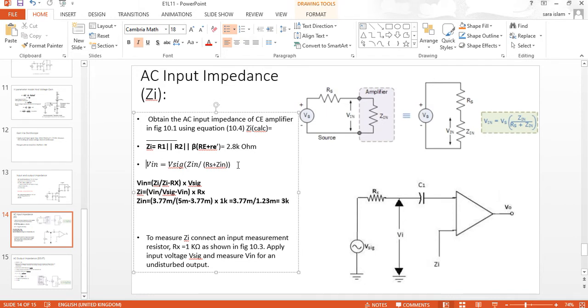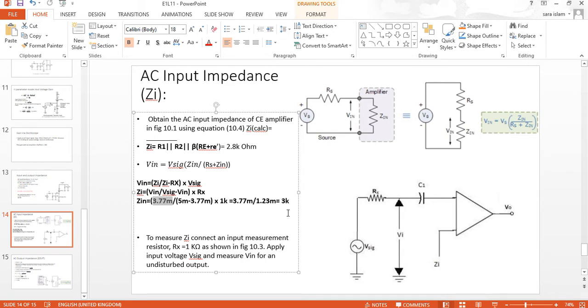From here we can actually calculate our Zin. We are going to reproduce this entire scenario in our lab. If you modify this formula a little, Zin is equal to 3.77 milli divided by 5 milli, and we are using a resistance of 1K here, Rx, which is Rs here.